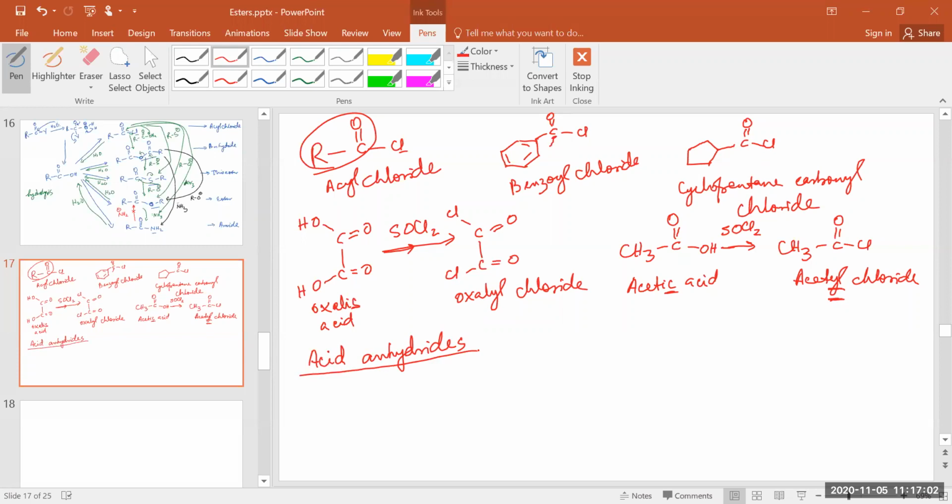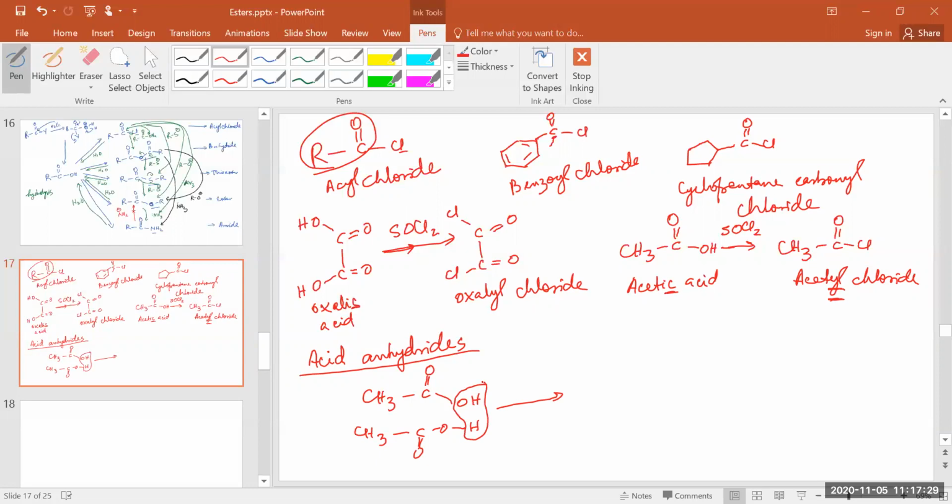If you have acetic acid, let's take the simple example, CH3COOH, two molecules, you combine them and remove water: H from one molecule and OH from another molecule.